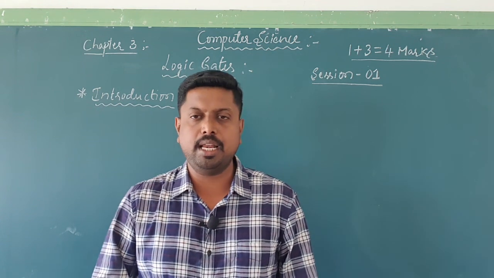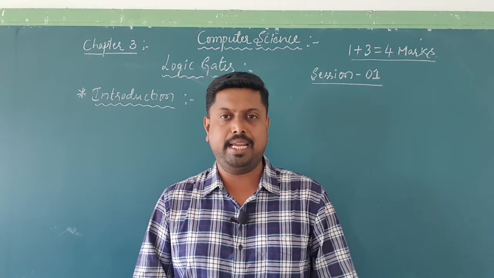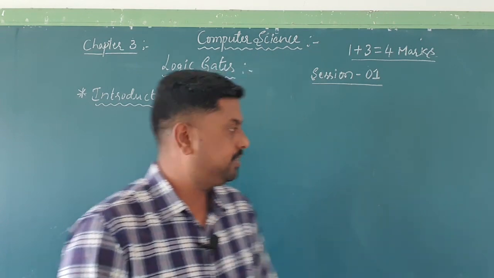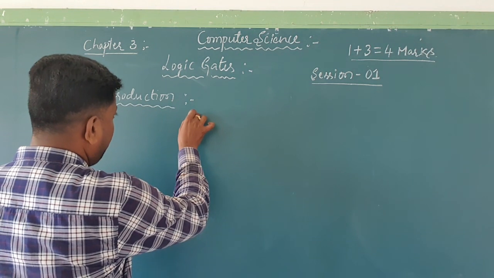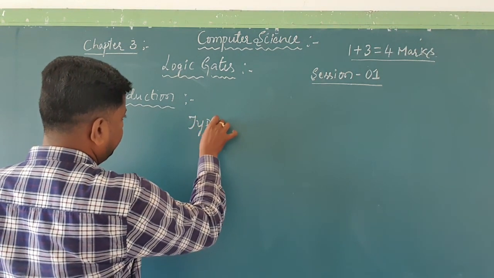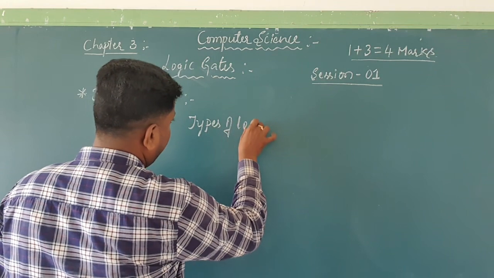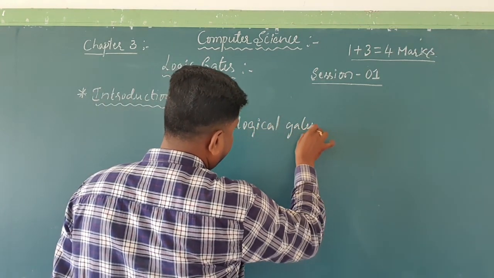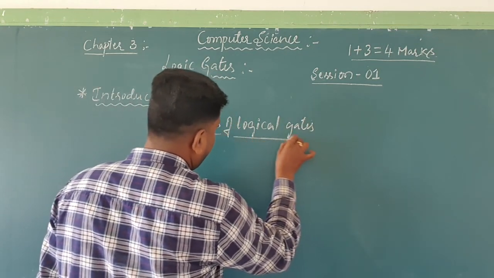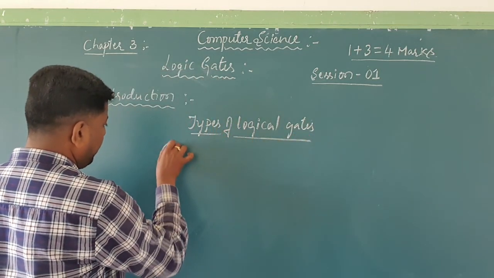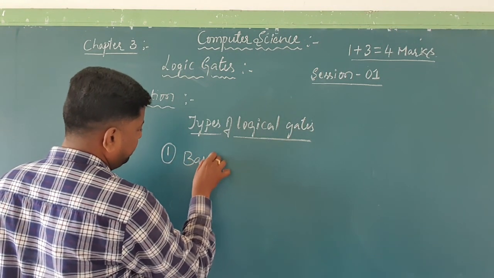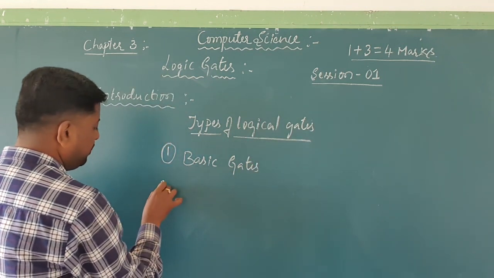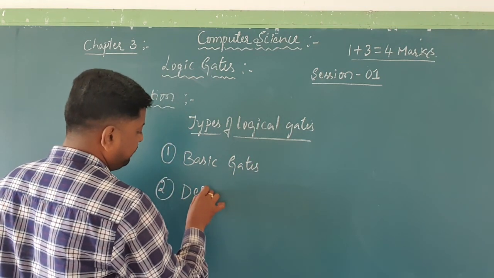In logical gates we have two main categories. Types of logical gates: the first category is basic gates, and the second one is derived gates.